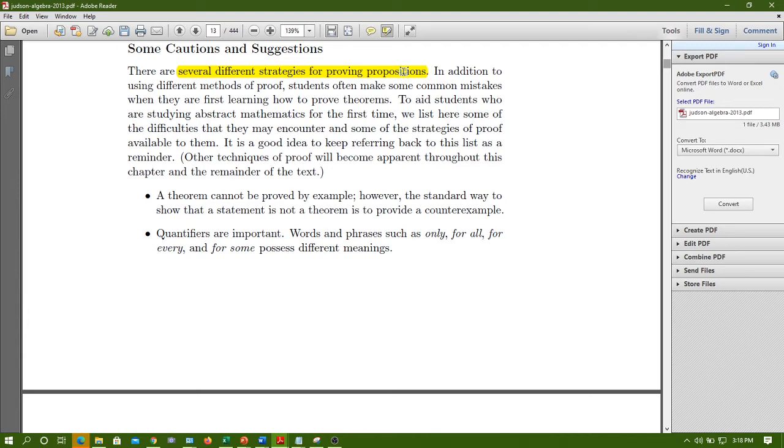To aid students who are studying abstract mathematics for the first time, we list here some of the difficulties they may encounter and some of the strategies of proof available to them. It is a good idea to keep referring back to this list as a reminder. So for you, aside from having this in your module, I want you to write this in your notebook. Other techniques of proof will become apparent throughout this chapter and the remainder of the text.